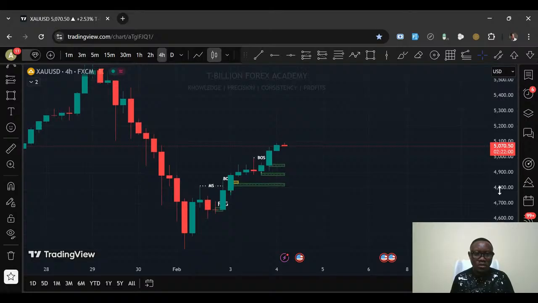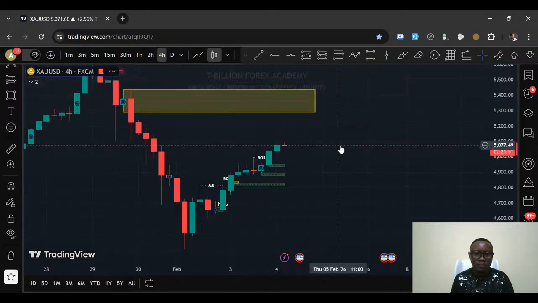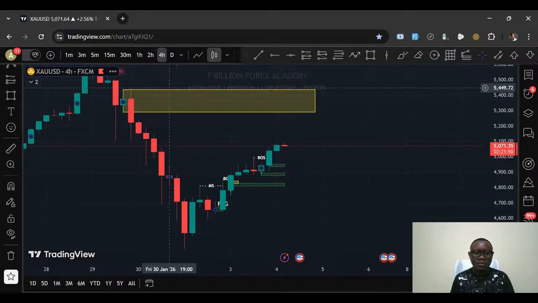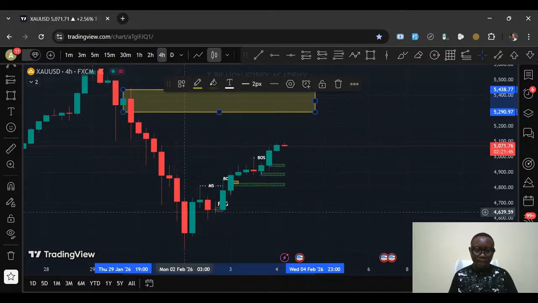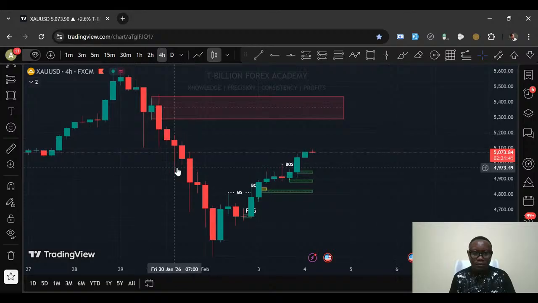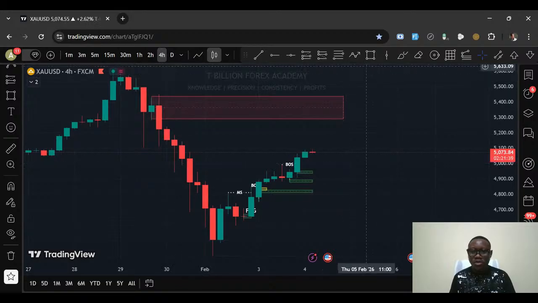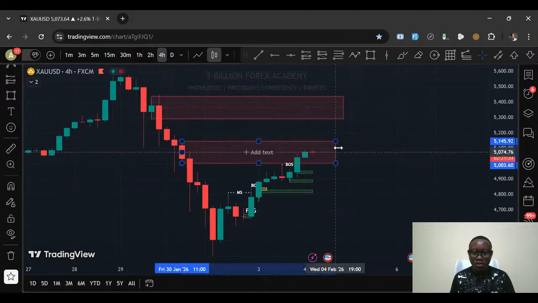All right, so we have a supply order block zone here. So this is also another supply order block zone, which price is currently reacting to.